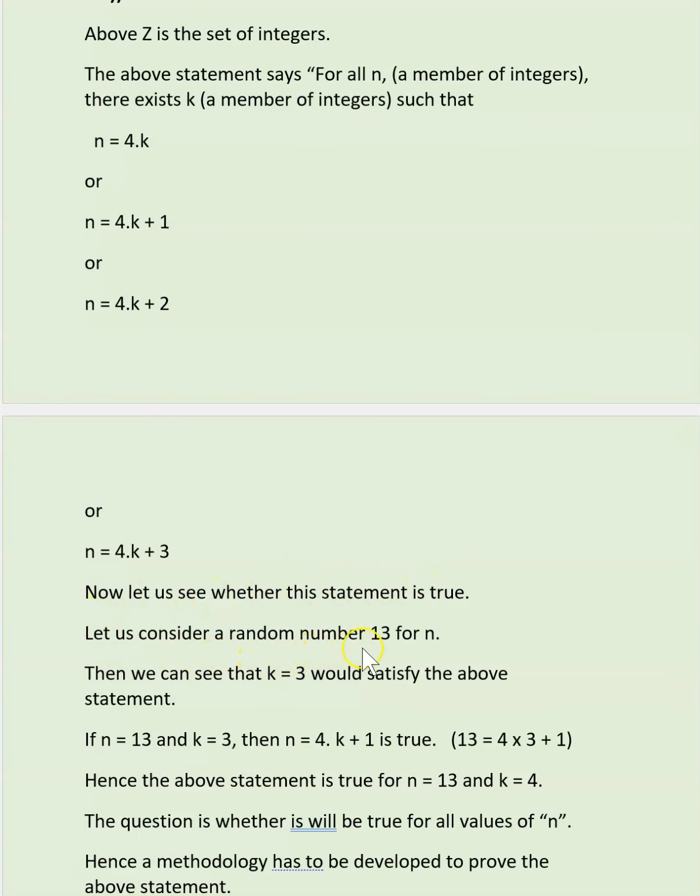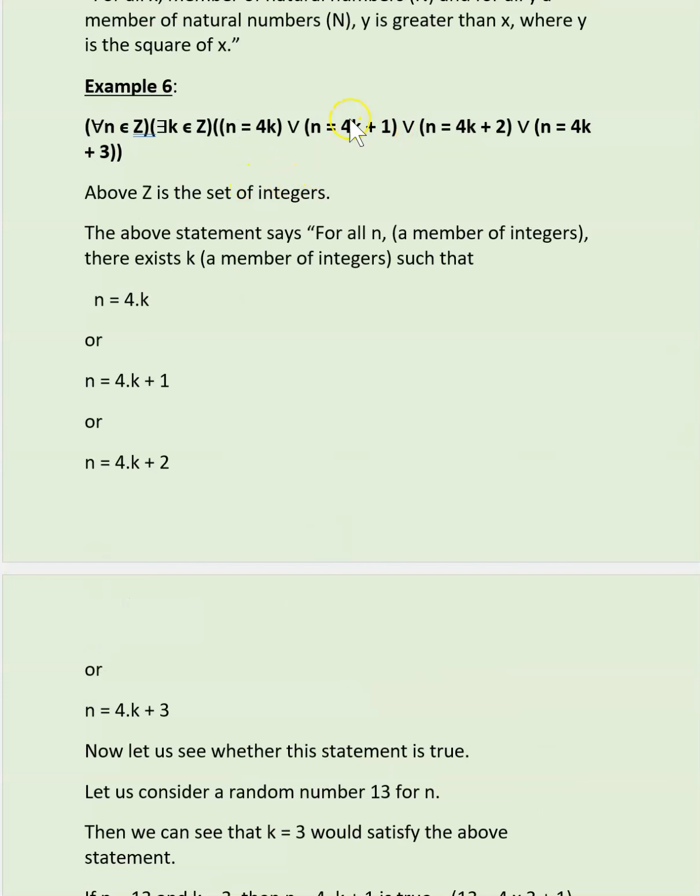Let us consider a random number, 13, for n. Let us say k equals 3. Let's assume this. So we can see that if n equals 13 and k equals 3, then n equals 4 times k plus 1 is true. So one of them, n equals 4k plus 1, is true.